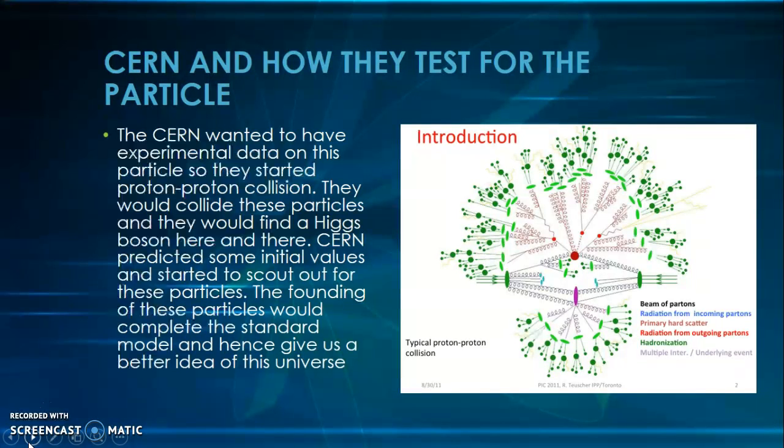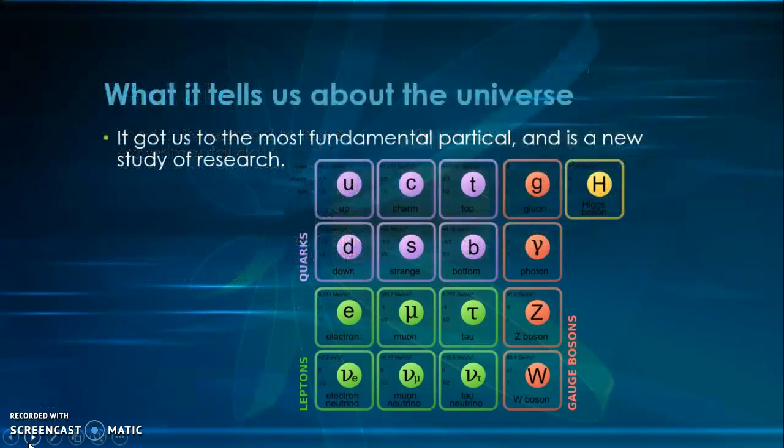And at the end, they did find this particle, the Higgs boson, and they found the mass to be 126 GeV/c². But the question that arises from this is the top quark. As we know, there's up, down, strange, charm, top, bottom.